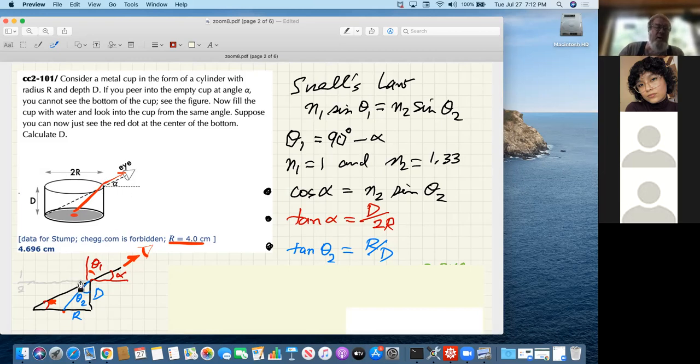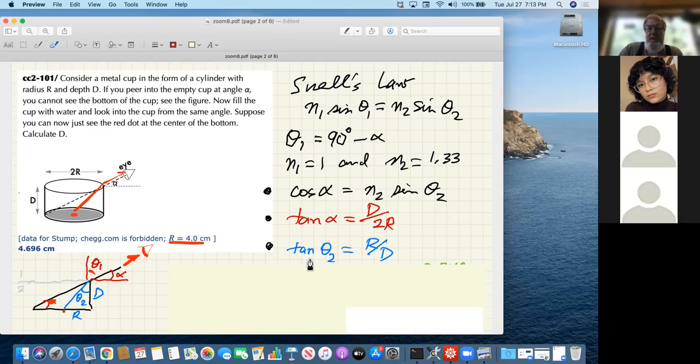And if I look at this little right triangle here, that will relate theta 2 to D. In this right triangle, the opposite to theta 2 is R, and the adjacent is D. So the tangent of theta 2 is R over D.